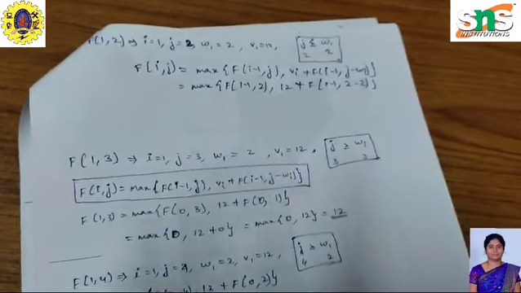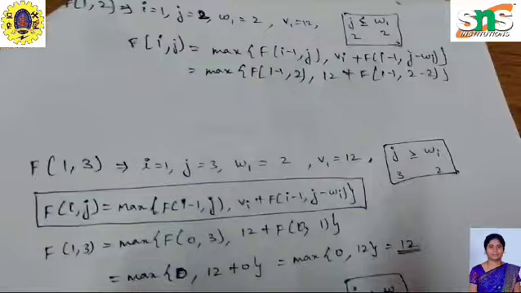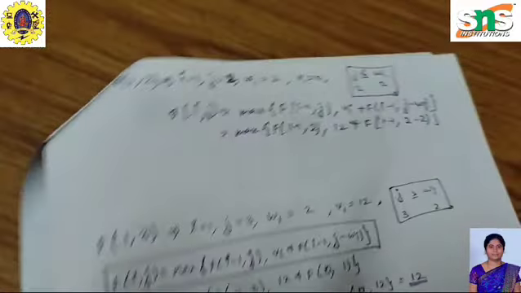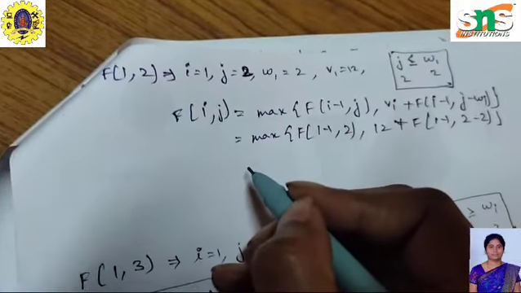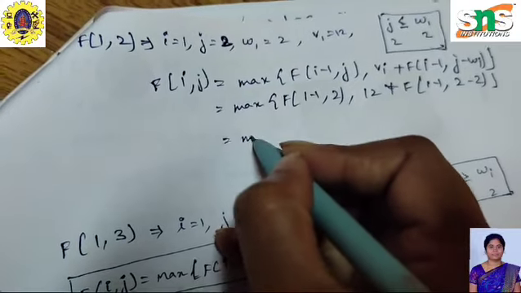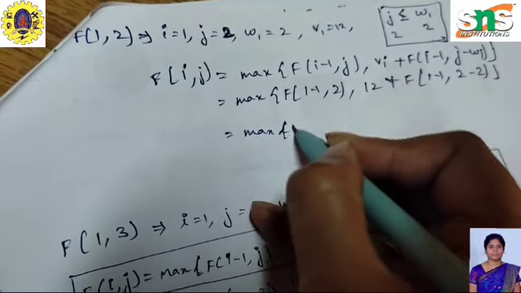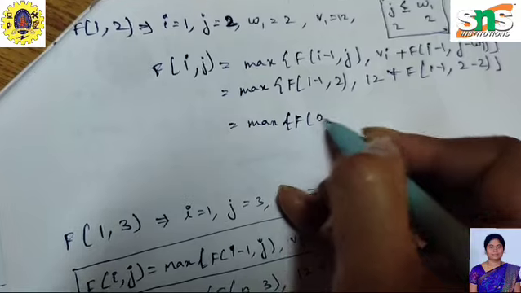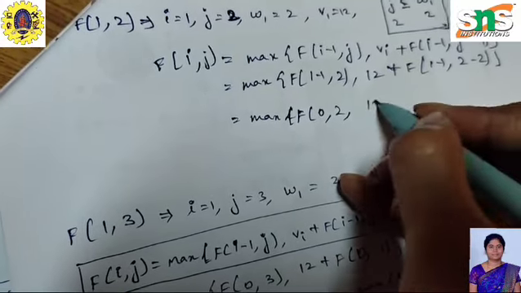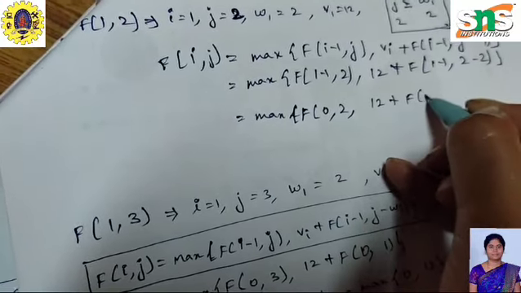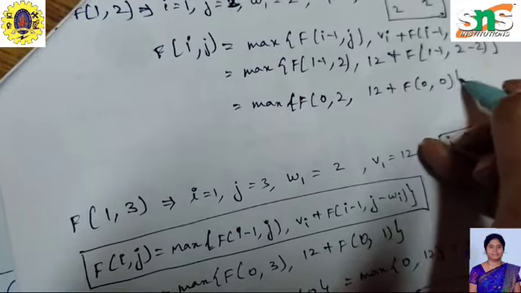So I am substituting the values here: max of f of 0 comma 2, and 12 plus f of 0 comma 0.